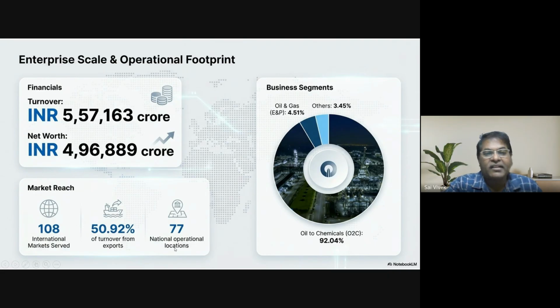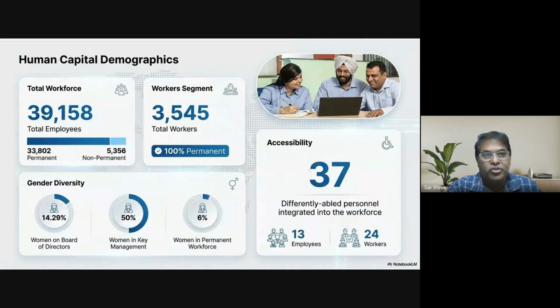And 77 national operational locations are present for this RIL. Oil to chemicals, O2C, is the major contributor to the turnover at 92%. The next one is oil and gas, and others contribute 3.45%.